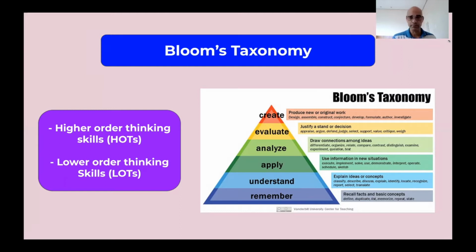But basically, what we're talking about here is the thinking skills or the cognitive skills that teachers need to focus on, according to this taxonomy, are divided into two groups: higher order thinking skills and lower order thinking skills. So if you go from the bottom up, remember, understand, and apply are lower order thinking skills.